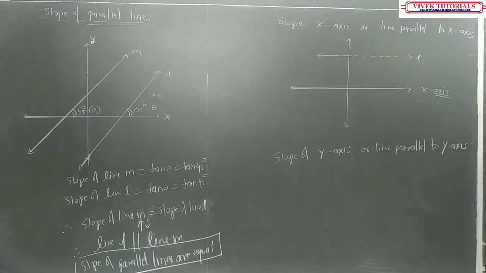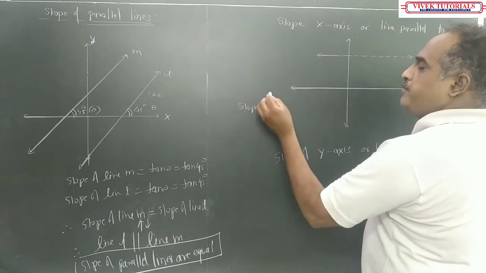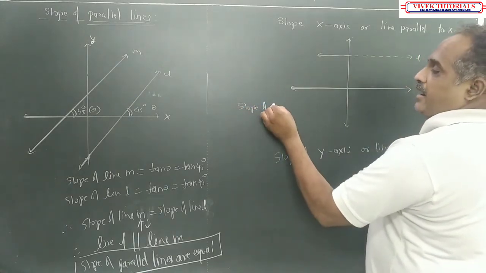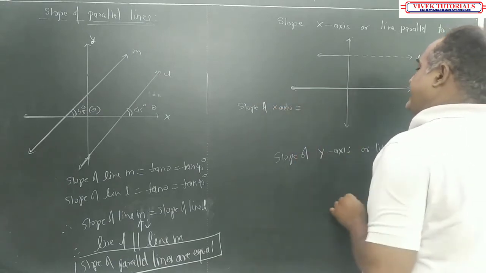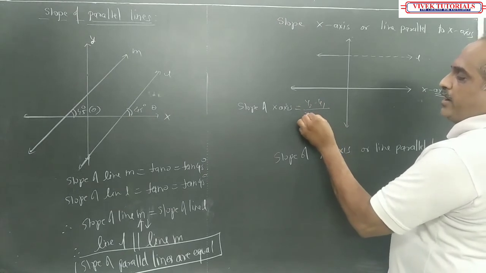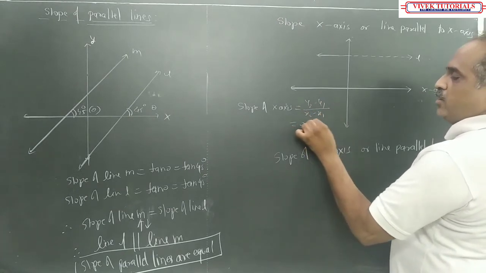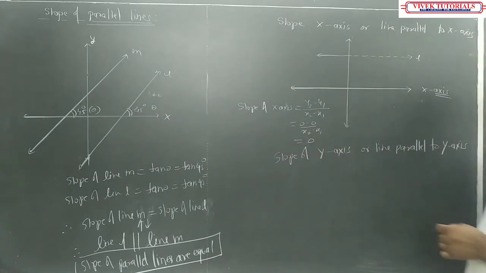You got it? So slope of x-axis is equal to y2 minus y1 upon x2 minus x1, meaning 0 minus 0 upon x2 minus x1, which is equal to 0.